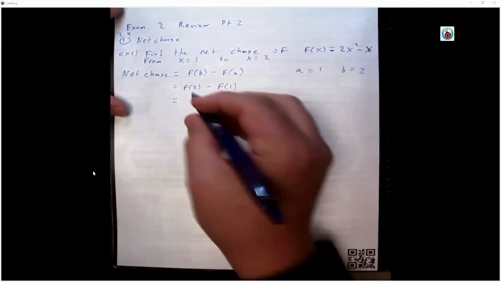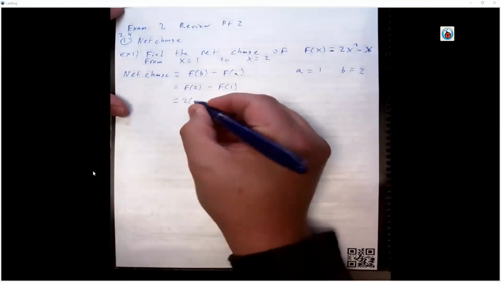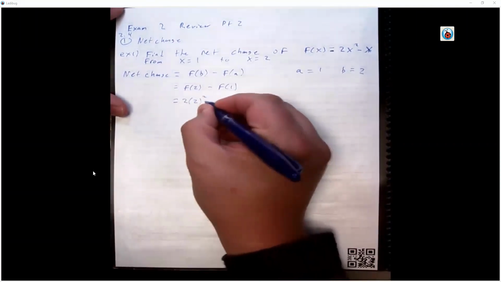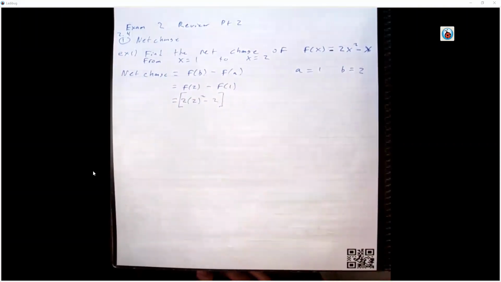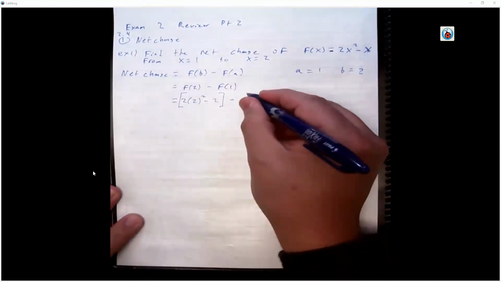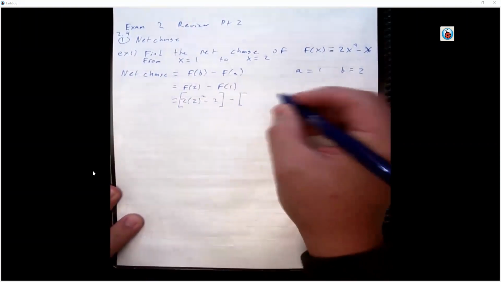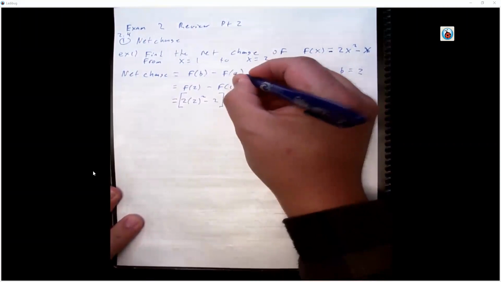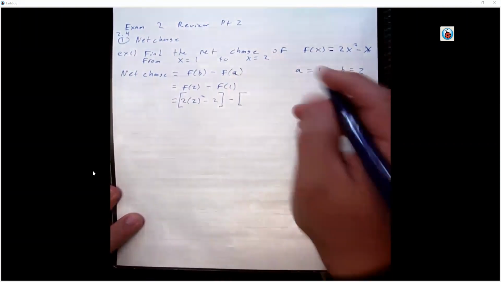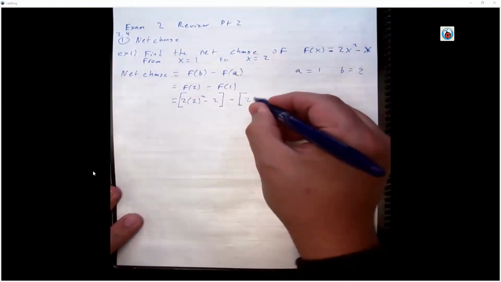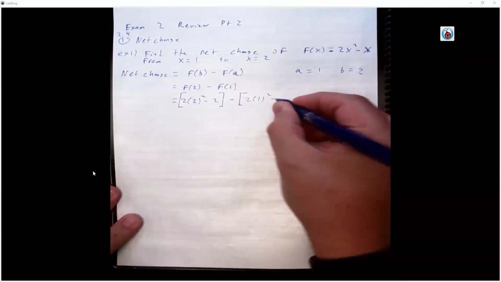That will be 2 times 2 squared minus 2. I'm going to put it in brackets so you see that this is the f of b piece, minus the f of a piece. This is going to be 2 times 1 squared minus 1.